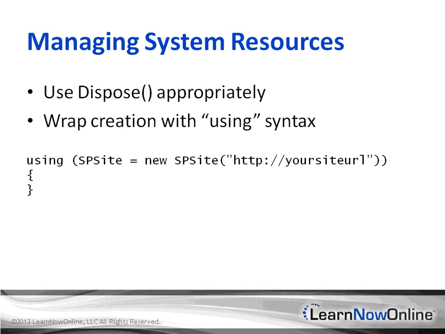Even if there's an exception in there, what the compiler does is it actually creates a finally block for you, and in the finally block that Dispose method will get called for you. So this is the preferred method of calling Dispose, and you saw in the code from the last demo that I was using the using statement around the SPSite and the SPWeb objects.